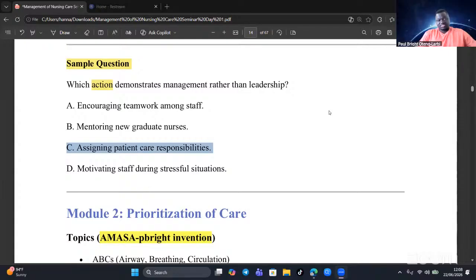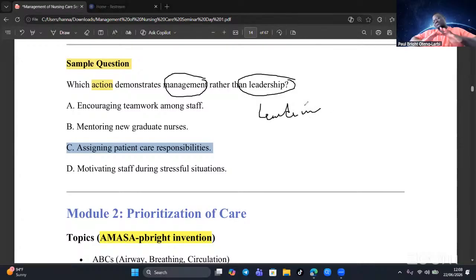Okay. She says the leadership focuses on patient care. The question is, which action demonstrates management rather than leadership? But you're talking about leader. Can you reframe your rationale?